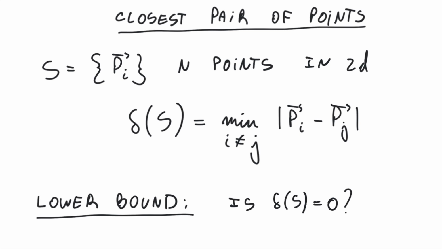The norm between 2 points is 0 only if these 2 points coincide, and the lower bound on the complexity for this problem is n log n. And this lower bound is achieved by many well-known algorithms. In particular, it's achieved by a sweep line algorithm that is a classical algorithm, and it's an example of the use of the sweep line technique, which in 2 dimensions is one of the most useful techniques that you can use in geometrical problems.